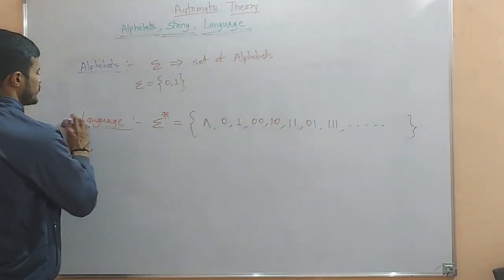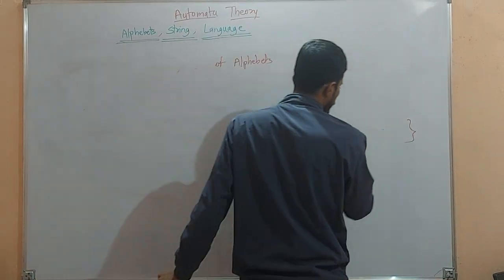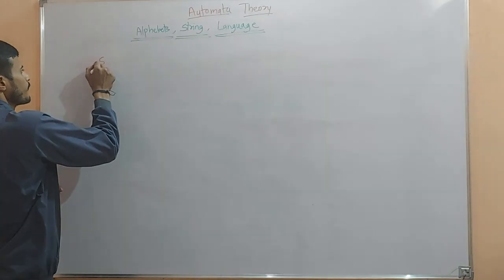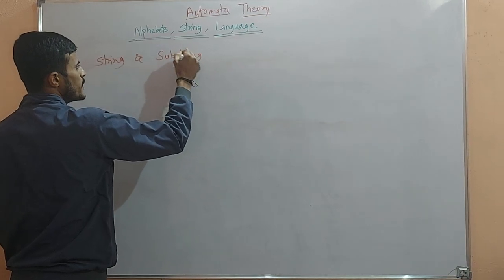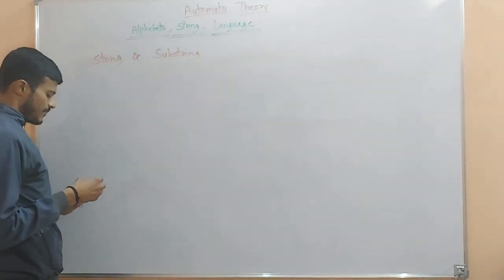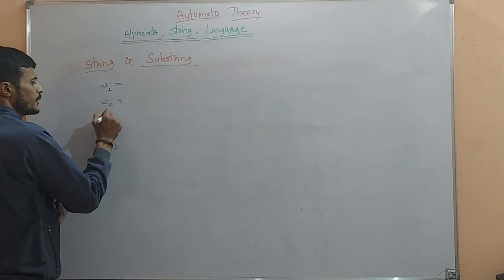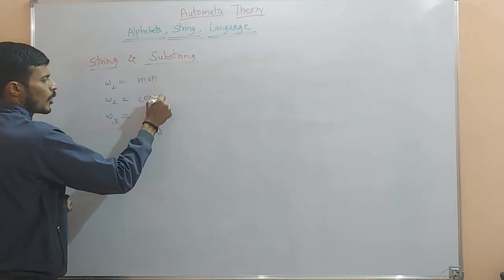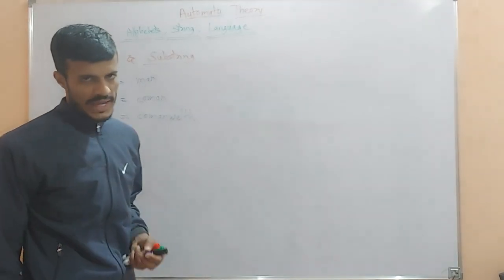Now let us see strings and substrings. Let us take some examples: W1 is man, W2 is common, and W3 is wealth.